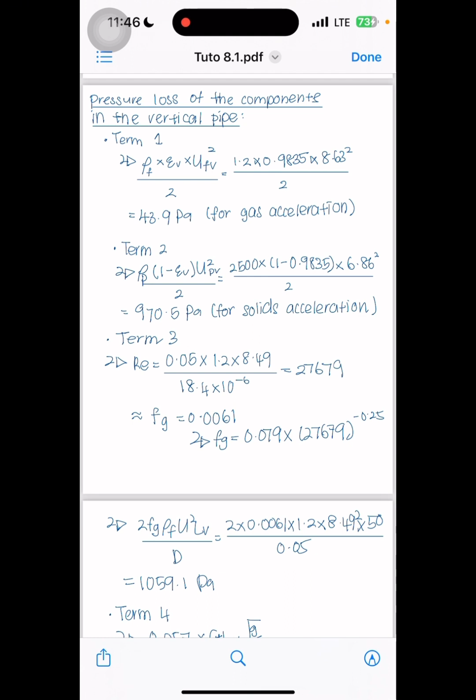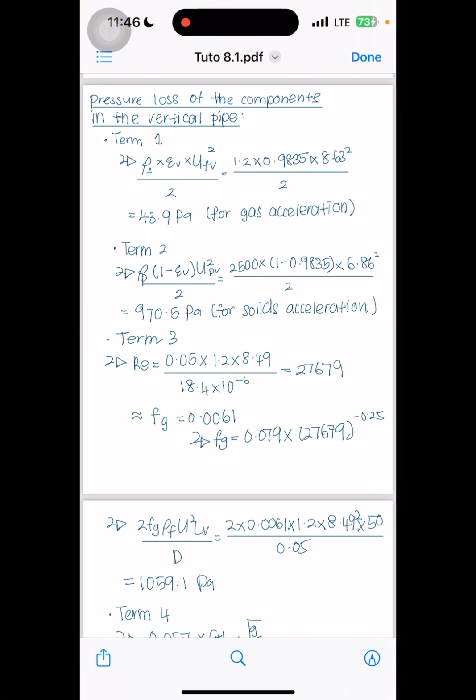Next, I will proceed with the second term by substituting the particle density into the equation and obtain 970.5 Pascal for solid acceleration.